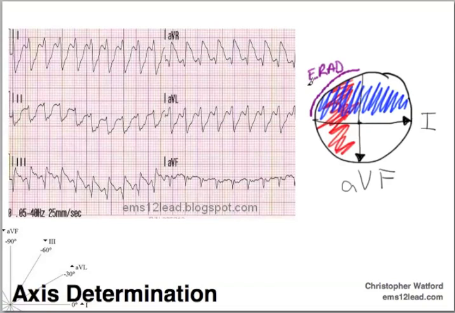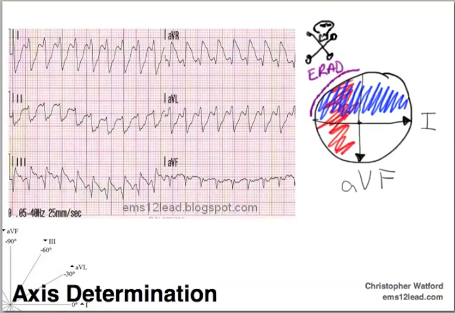However, it never hurts to apply the 3 a.m. test and make sure you've placed all your leads on correctly. Remember, ERAD is not good. We do not want to see ERAD. This person is likely experiencing ventricular tachycardia, and we probably need to intervene quickly.